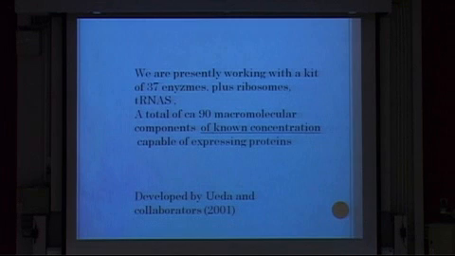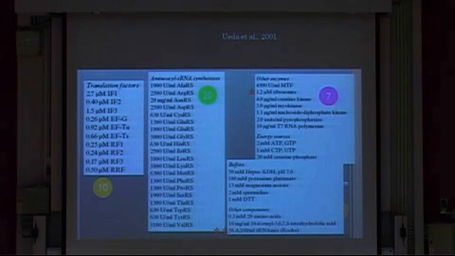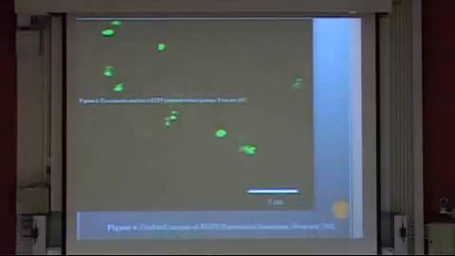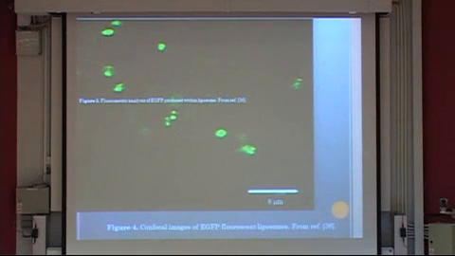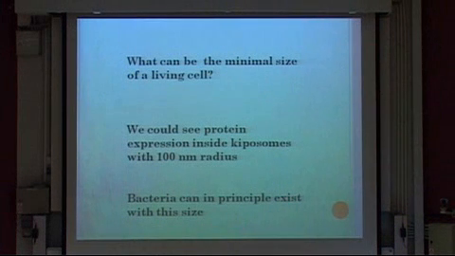We were able to put these components, the concentration of each of them is known, which for a chemist is very satisfying, and here is the expression of green fluorescent protein inside this vesicle.